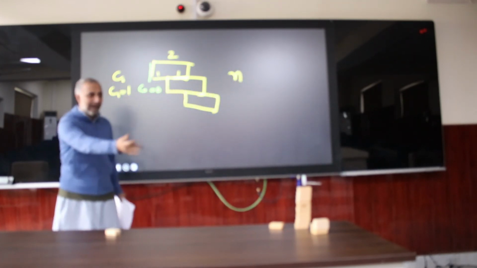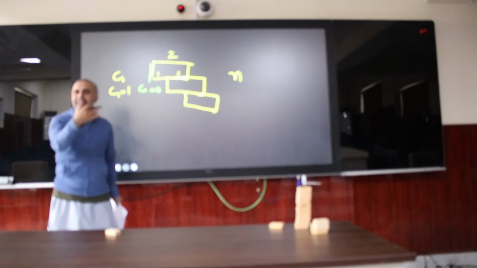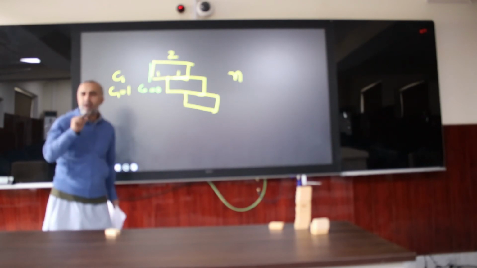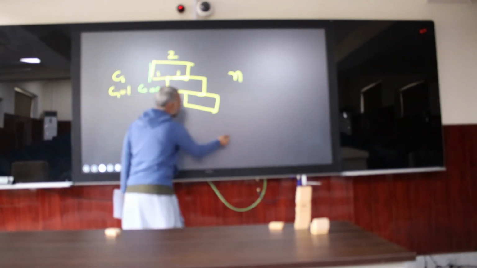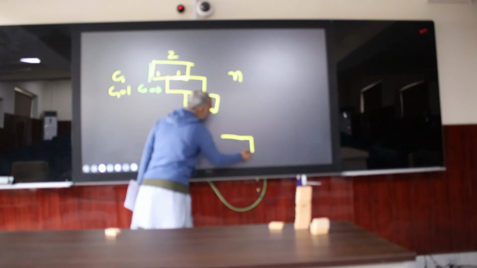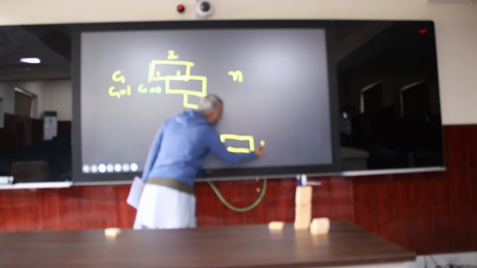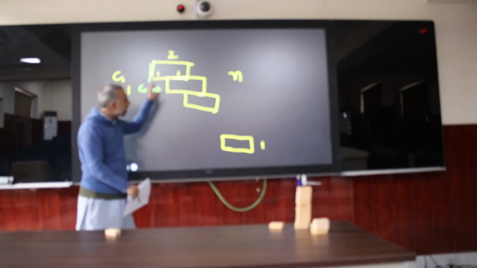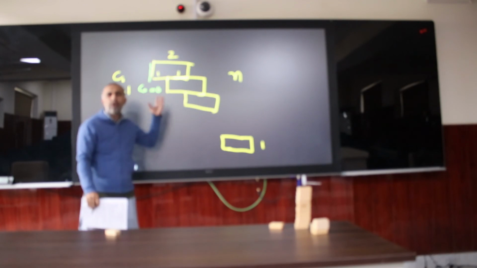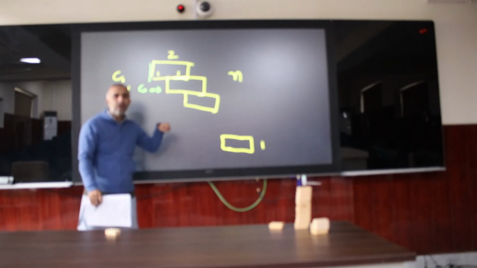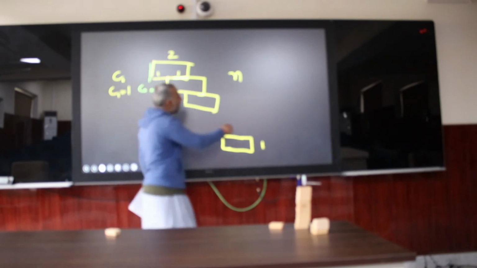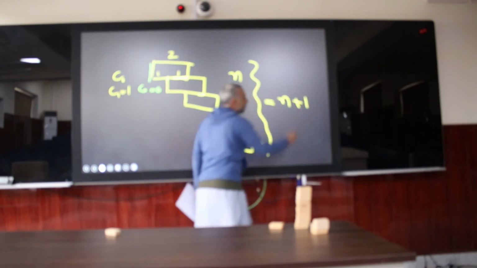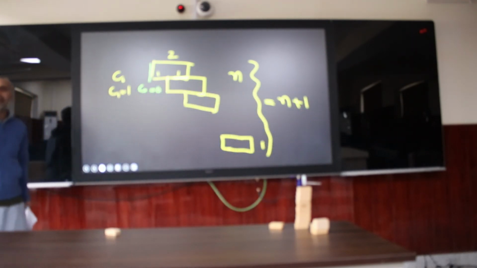You can notice there are n number of blocks, but one block should be on the ground. This is the firm block. One block must be on the ground, and the rest of the blocks are somewhere above the ground. So the total number of blocks is n plus 1. Until here it is clear?